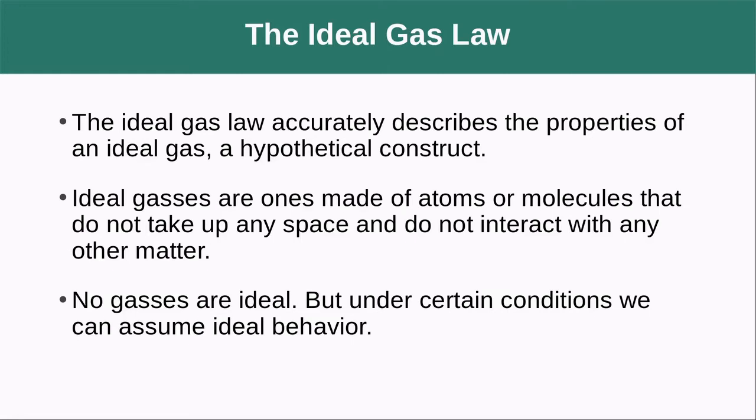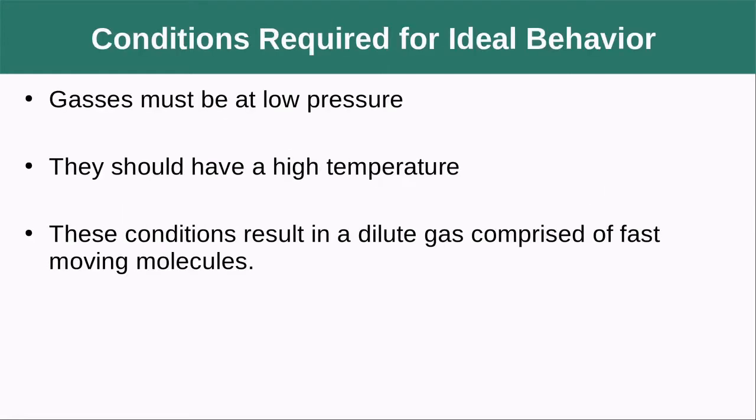No gases are ideal, but under certain conditions, we can assume ideal behavior. What are those conditions? The gas must be at a low pressure. They should have a high temperature, and these conditions combined together are going to result in a dilute gas comprised of fast-moving molecules.